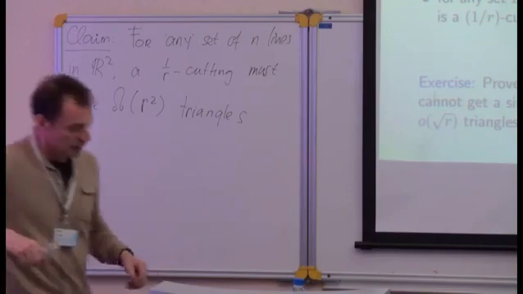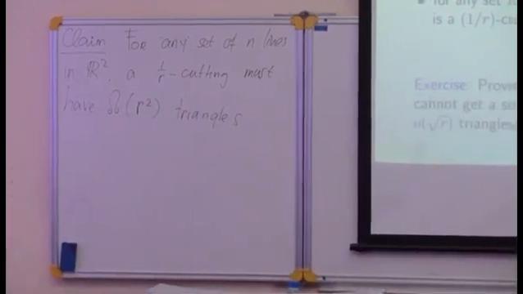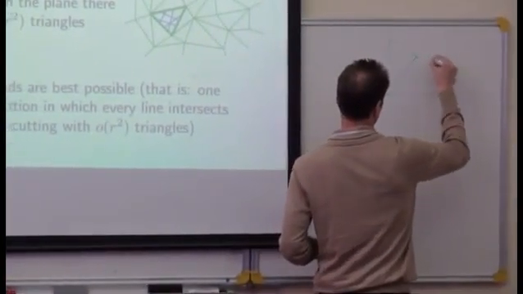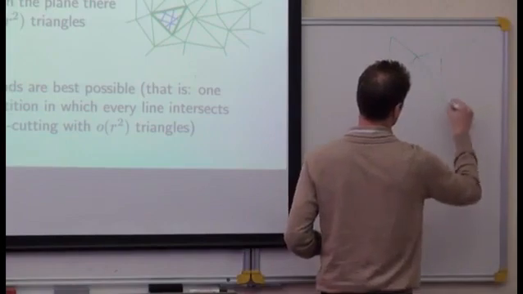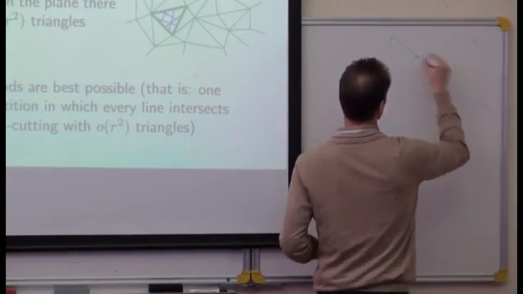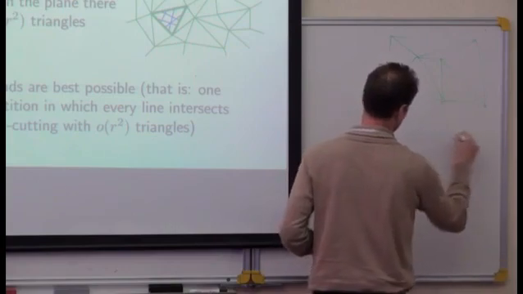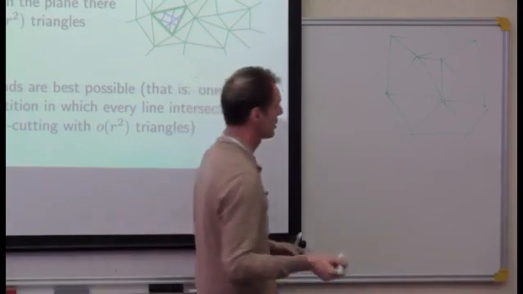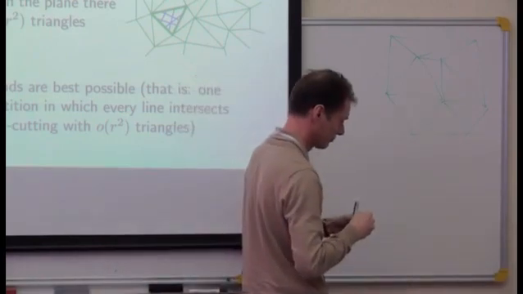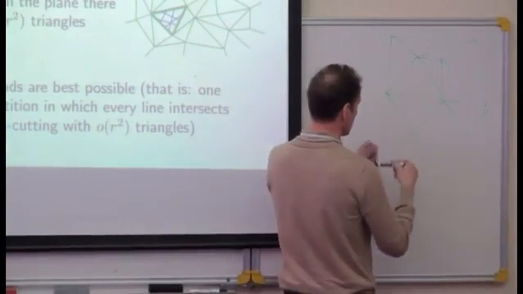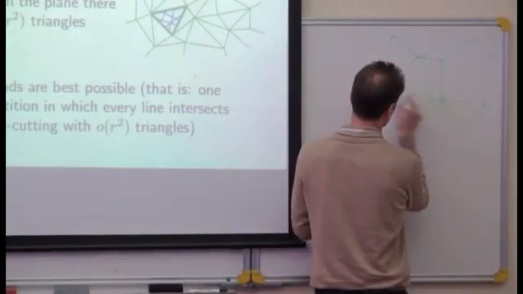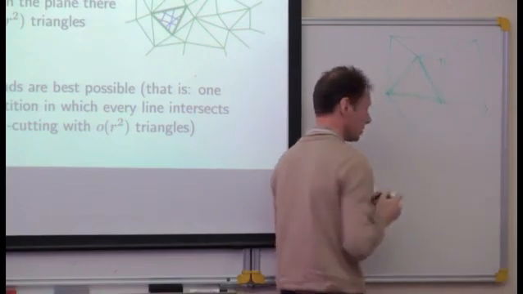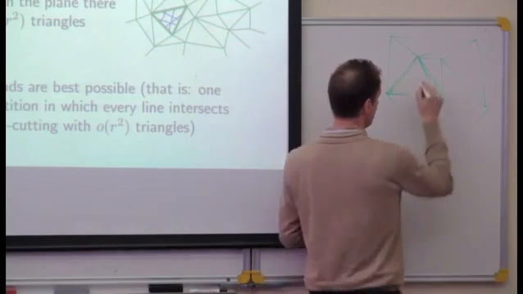So let's say that this is my 1 divided by r cutting, and so on. Okay. So let's say if I look at one of these triangles, how many lines are there in here at most?